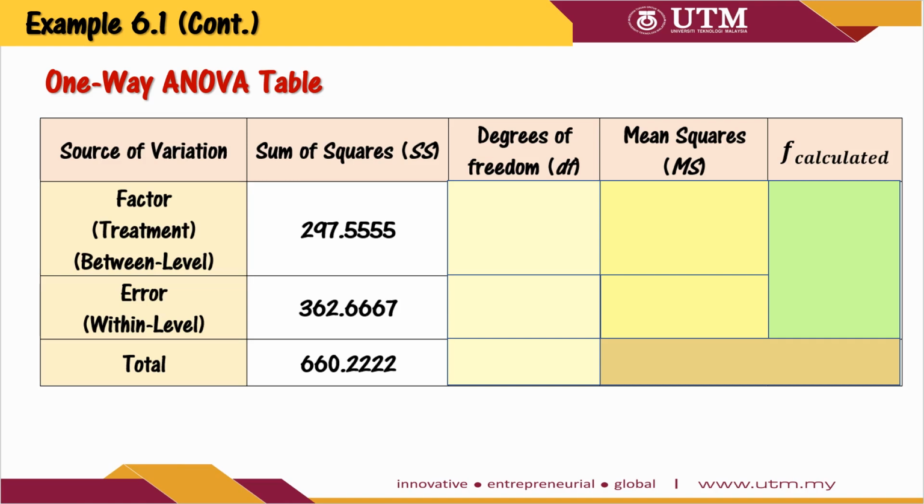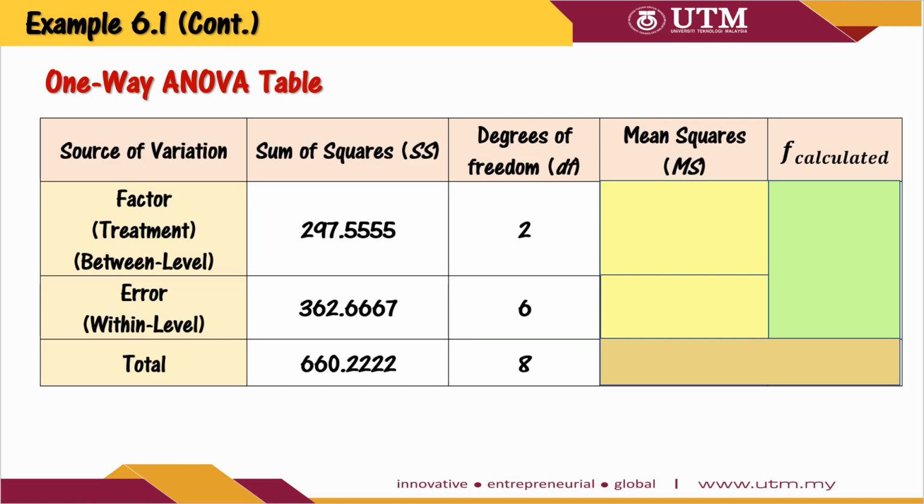Similarly, for the degrees of freedom in the third column, you can start with the total degrees of freedom, which is the total sample size 9 minus 1 given by 8. Next is the treatment degrees of freedom given by k minus 1, where k is 3, so that the treatment degrees of freedom is simply 3 minus 1 equal to 2. The balance must be the error degrees of freedom, which is simply 8 minus 2 equal to 6.